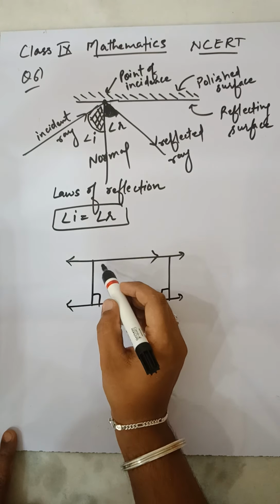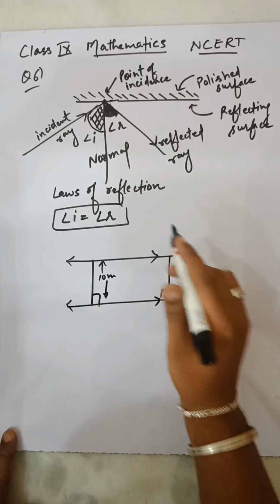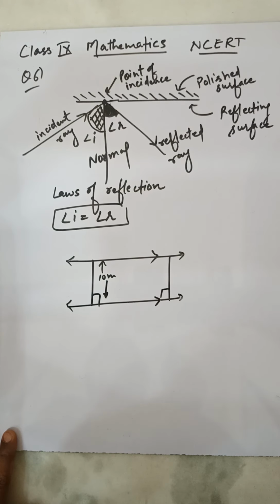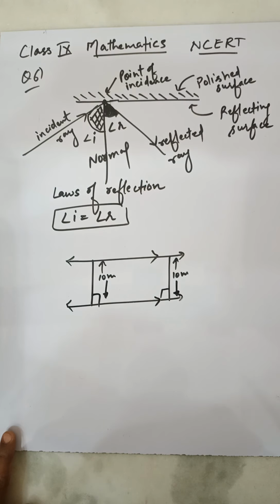Like if they have a perpendicular distance of 10 meter over here, then it would be 10 meter over here also. It would never change. Now this property also we will discuss in this question.